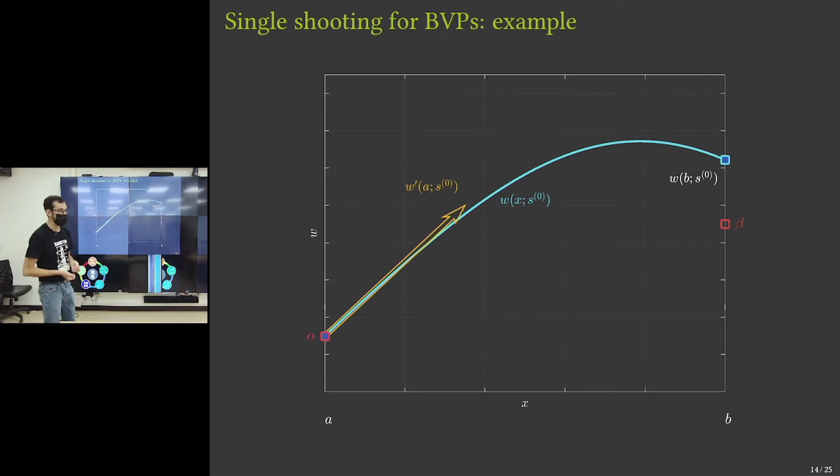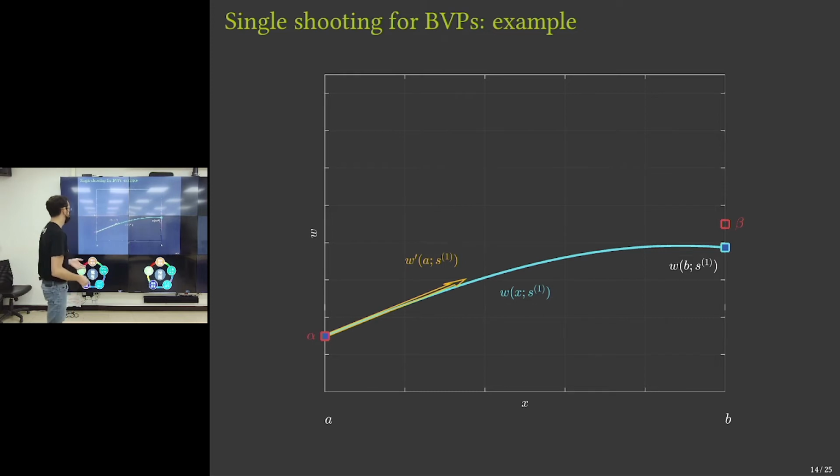At the following iterate, you come up with a value S1, which hopefully gives you a better solution. For example, in this case, which I did with MATLAB, with S1 you start from here, you find the solution, and it arrives here. So it's not yet good, there is still a mismatch.